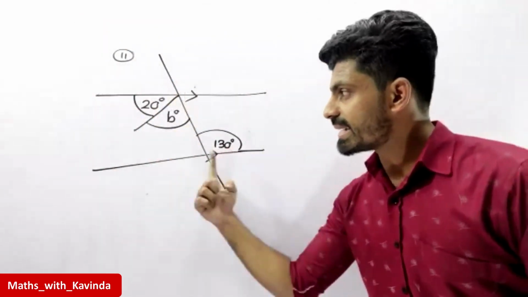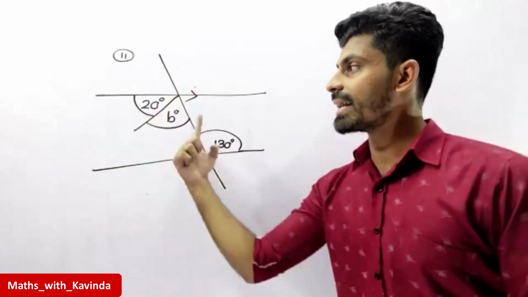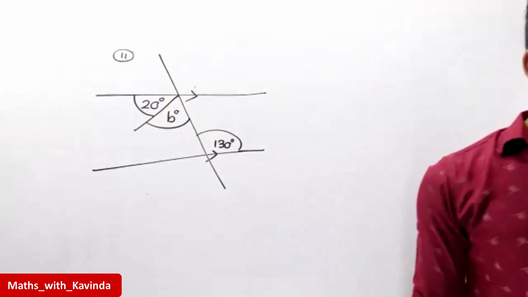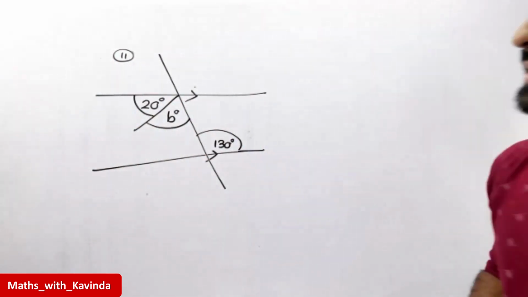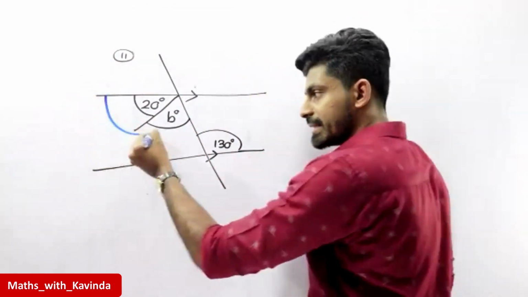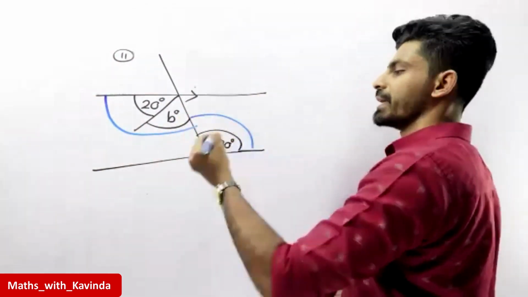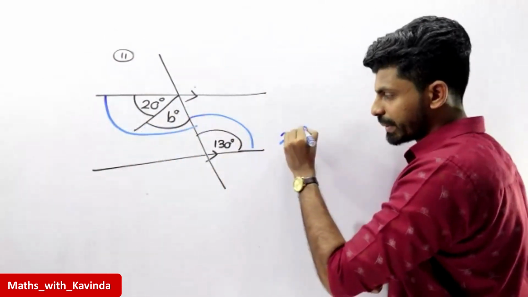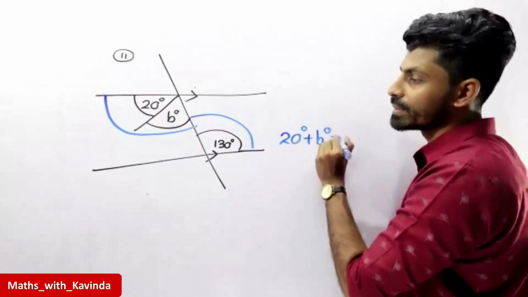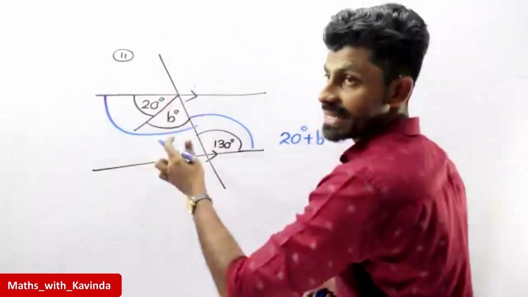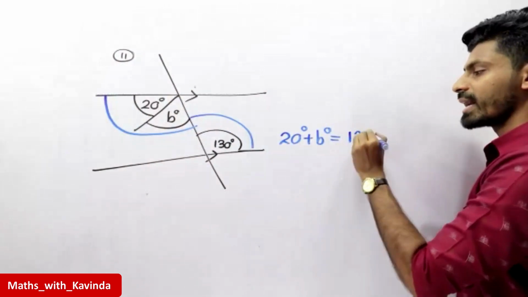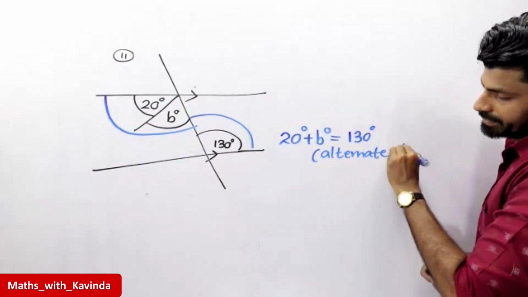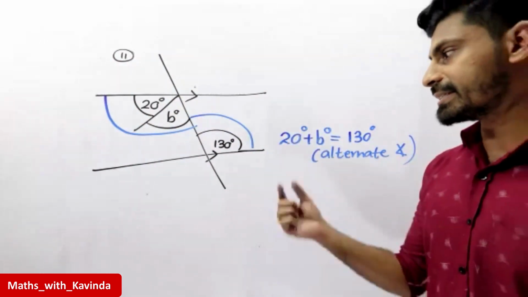Alternate angles are equal. So this angle equals this one. 20 plus B equals 130 by alternate angles.